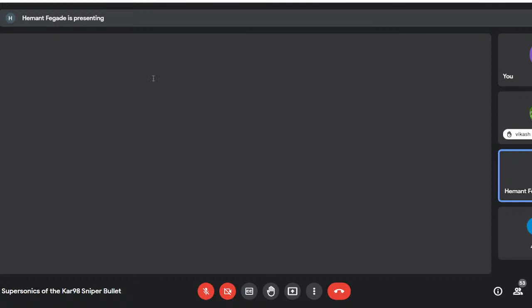You need to maintain this trajectory in the line of the crosshair for the bullet to fly, and accordingly adjust the alignment of the equipment. This is why the stand is there, to give it support and a better dynamic for the projectile to be able to fly. So this is another thing about the Kar98.